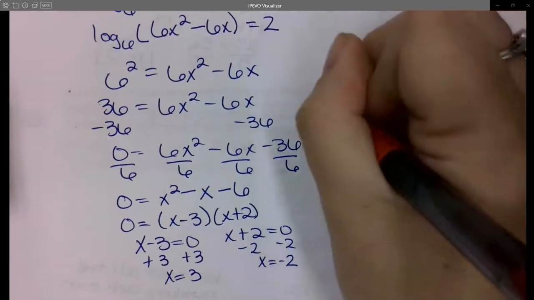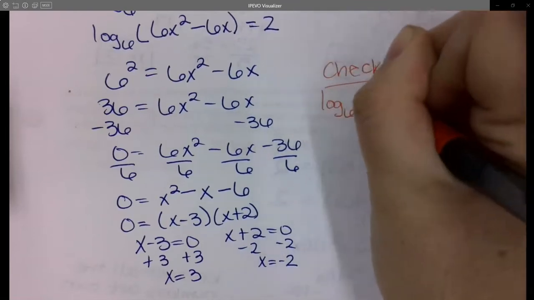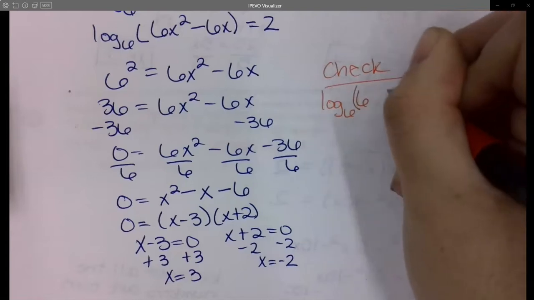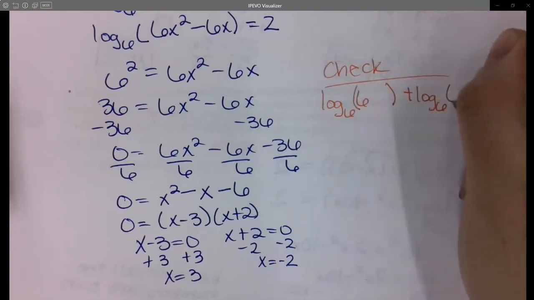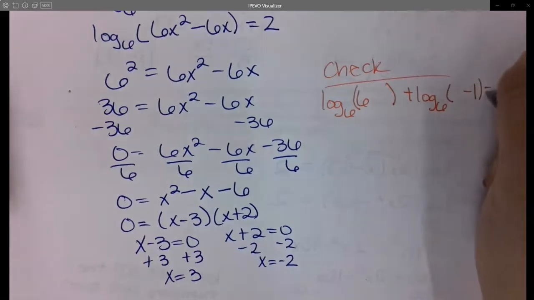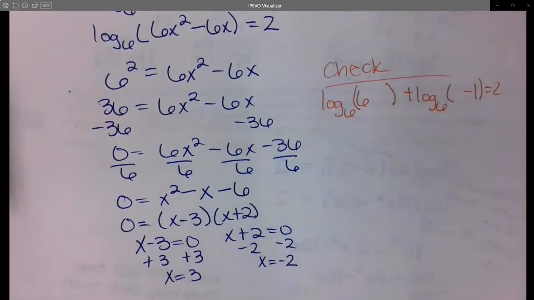So my original equation was log base 6 of 6x, so I'll plug in my x in a second, plus log base 6 of x minus 1 equals 2. The first number I'm going to check is my 3.